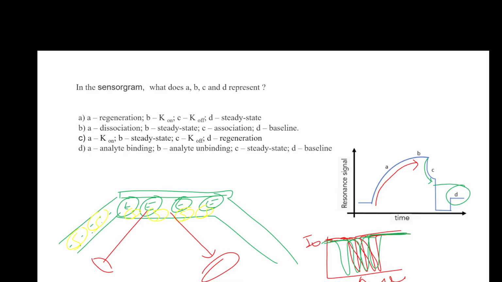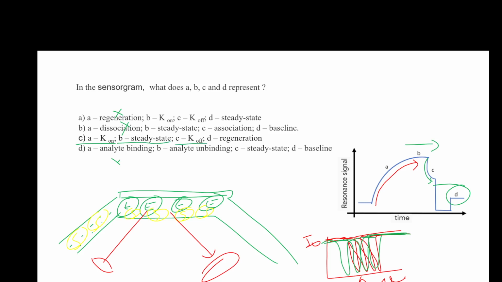So here the A will be the association. Okay, or you can also say A is K on. A is not regeneration, not dissociation, not analyte binding. So yeah, A is K on. B is when the saturation reaches, that is called steady state.